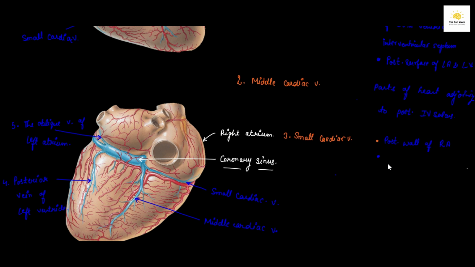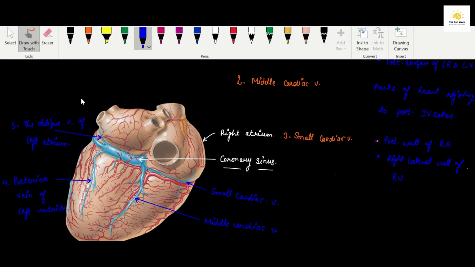And we can say the right lateral wall of the right ventricle. So this was about the small cardiac vein.